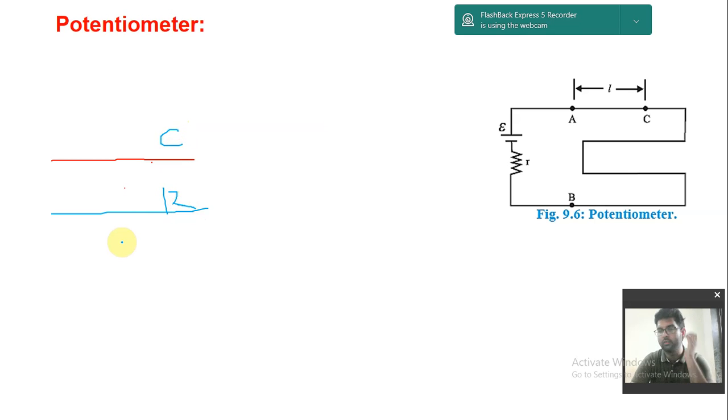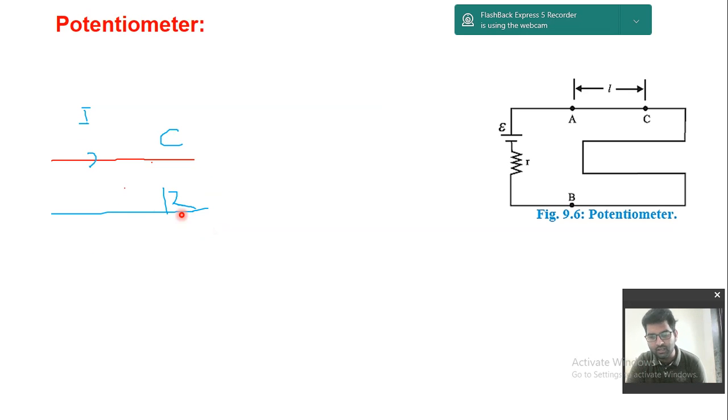In a conducting wire, when current flows, there is no obstruction to the current, so there won't be any drop of potential, because I don't have to do any extra work to move ahead.